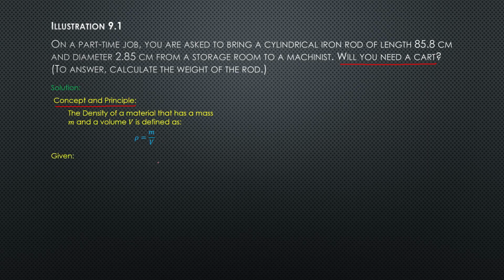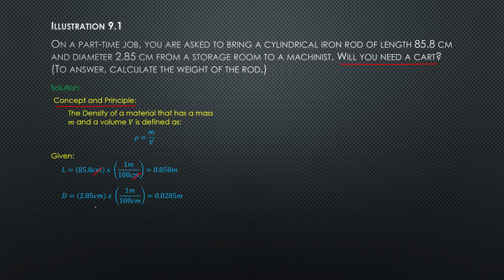The given: the length of the rod is 85.8 centimeters, and converting this to meters, you multiply by 1 meter per 100 centimeters. The unit centimeter will be eliminated, and 85.8 multiplied by 1 divided by 100 gives you 0.858 meters. That will be the length of the rod.